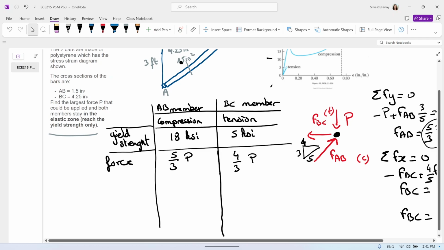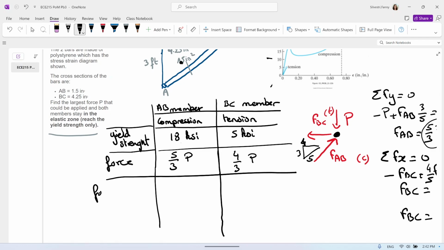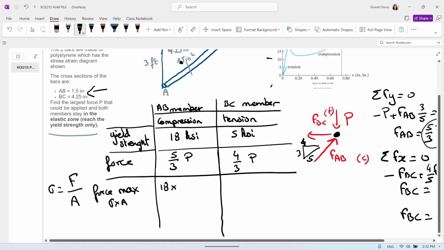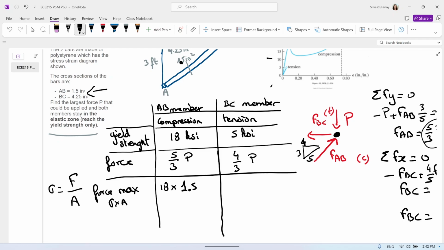The force max in the bar will be equal to what? We have sigma equals the force divided by the area, so the force max will be sigma times the area. For the first one, that will be 18 times the area of AB, 1.5. You see we have a very large yield strength, so we can have a smaller area for the same force. That will be 27 kilopounds.